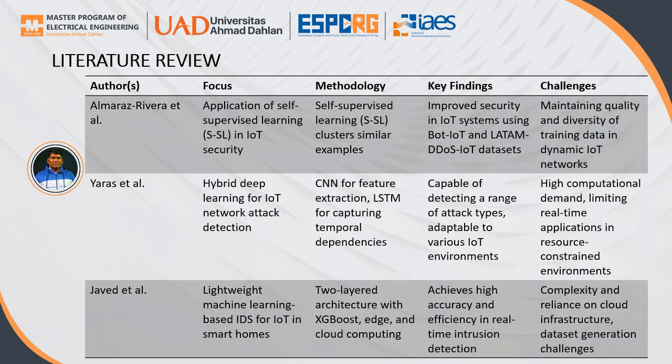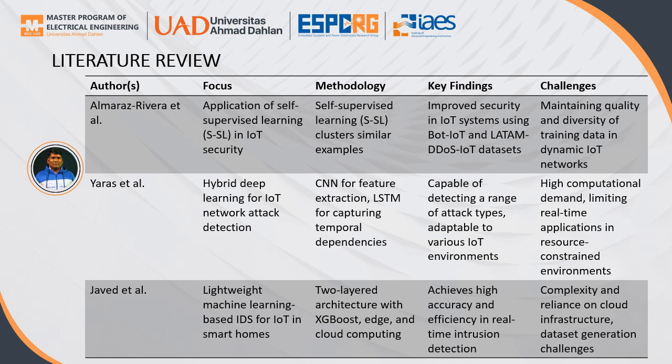Many literatures were studied to understand the problem and to identify the gap. So, a few are listed here. In the first literature review, the focus was on applications of self-supervised learning in IoT security, and the methodology employed is self-supervised learning, clustering similar examples.